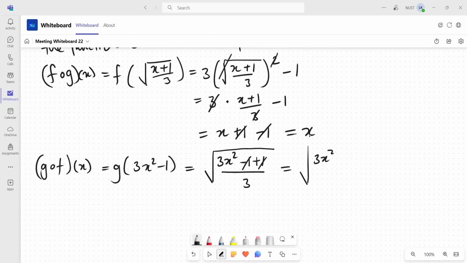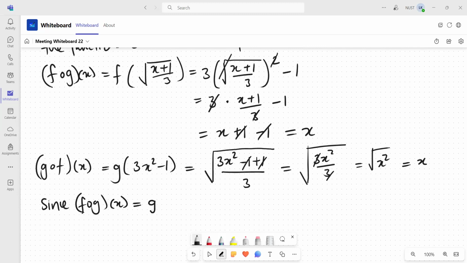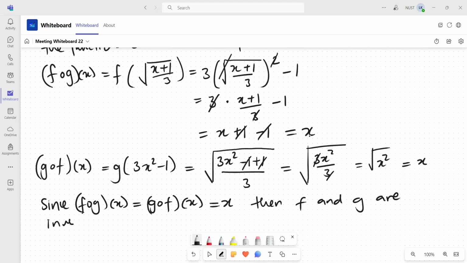We have 3x squared over 3. The 3s cancel, so I have the square root of x squared, which is just equal to x. Then we can see that since f of g of x is equal to g of f of x, and they're both equal to x, you can say that f and g are inverses of each other.